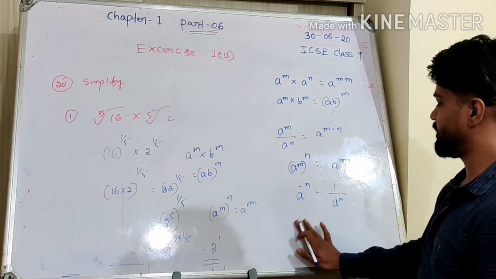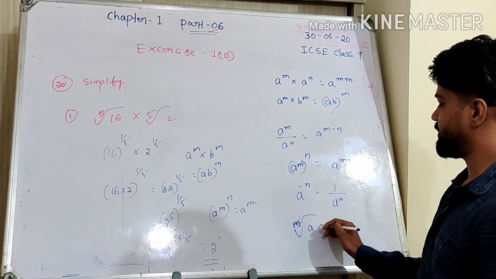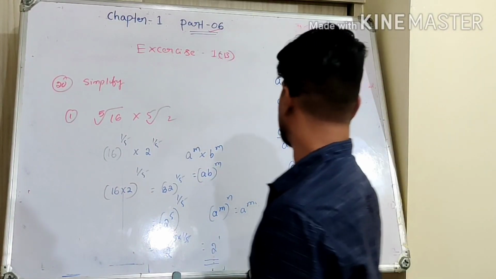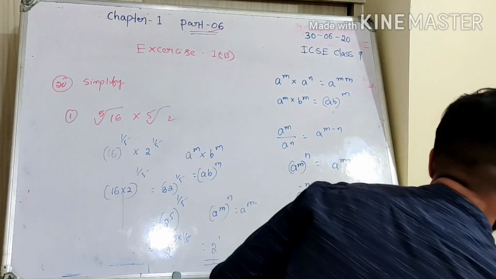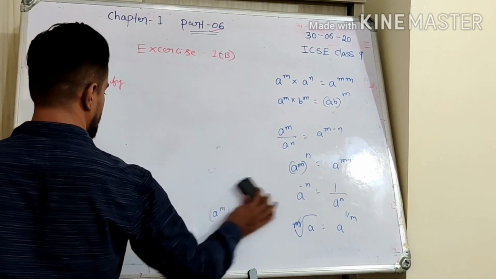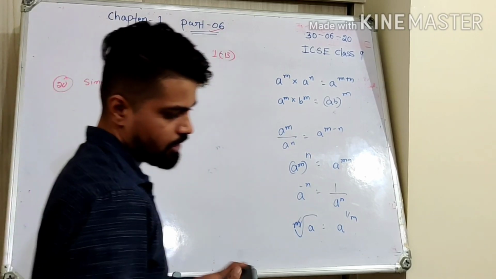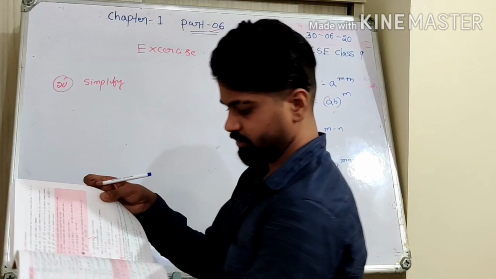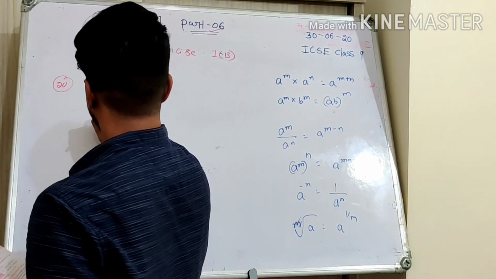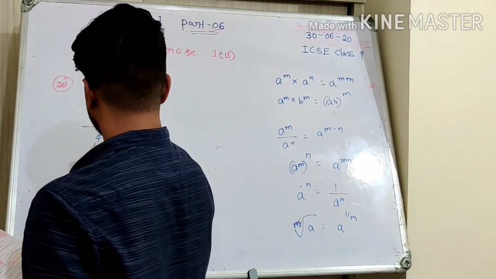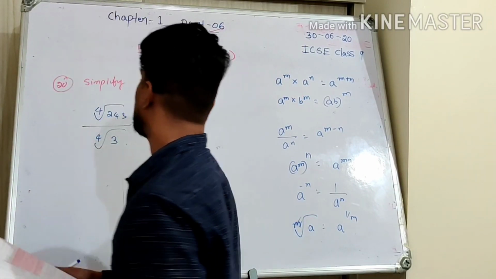And nth root of a is a power 1 by n. So all these are going to be used in this simplification. The 20th question, second question is: simplify 4th root of 243 divided by 4th root of 3.